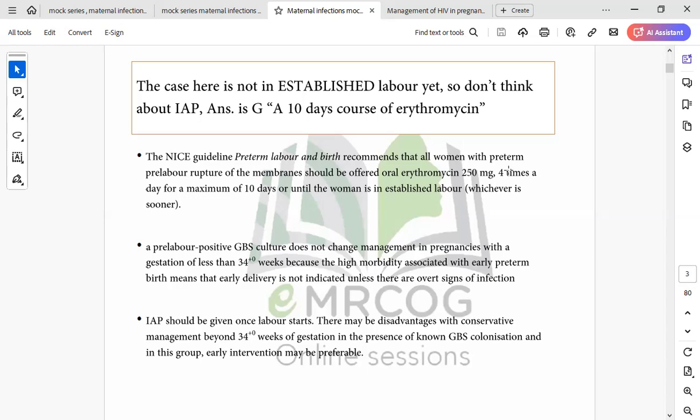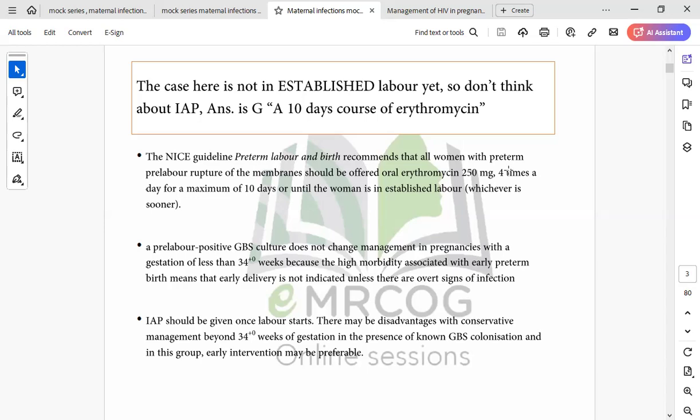Yes, early intervention may be preferable, but if the woman is stable, she is not having any kind of pyrexia, she is okay, we had the swab and the decolonization, I can wait. So this is not our issue here because it's going to be case by case.